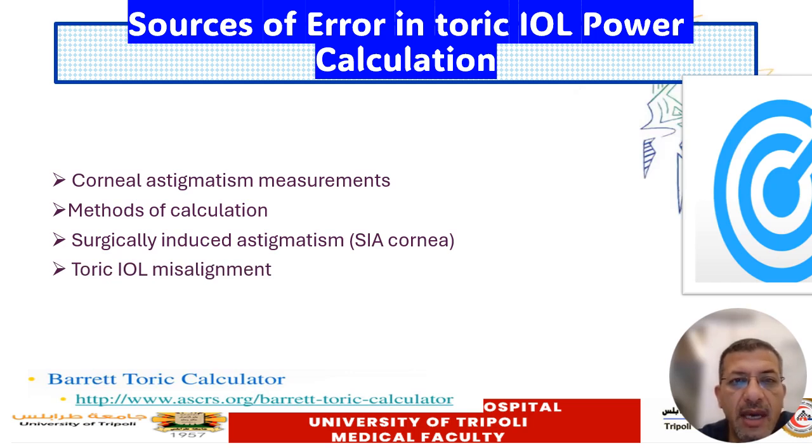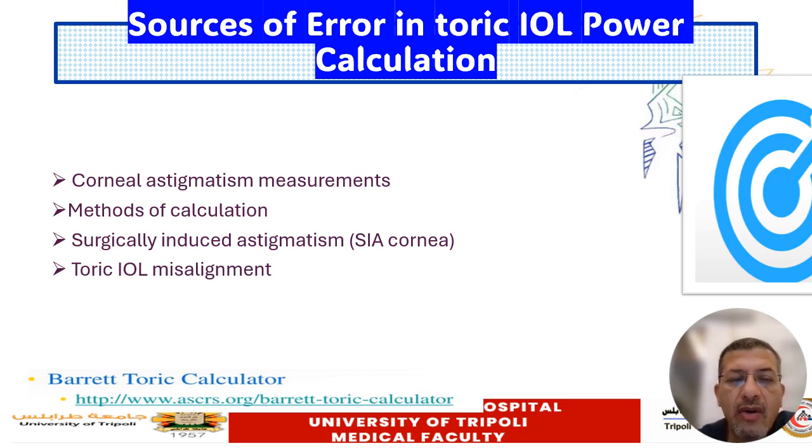All these variables are very important to have an accurate correction of the patient's astigmatism, especially if the patient has a small value of astigmatism, for example, minus 0.75 or plus 0.75. Any minor mistake may result in a refractive surprise and end up with an unhappy patient. So accurate and precise measurement should be taken into consideration in the decision making.